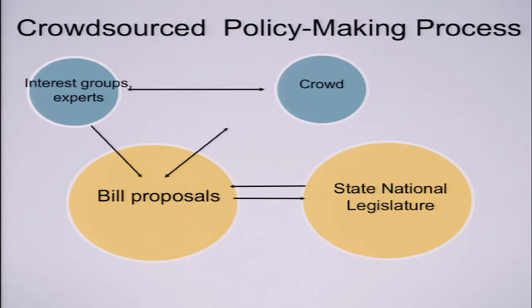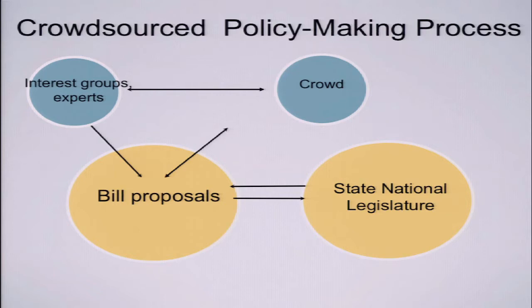So if you think about the bigger picture, what actually happens to a policymaking process when we invite the so-called crowd, the crowd that participates online, to these processes? We see here that we have the bill proposal process on the right, and we have the traditional expert groups and interest groups that influence the bill proposal, the preparatory process, meaning that there's information exchange and influence exchange.